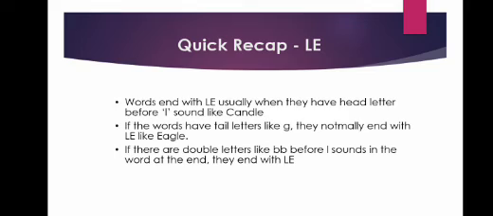For example, the word eagle, G is a tail letter and LE is added at the end. And the other rule is when the words have double letters before the L sound, like BB in the word bubble, like FF in the word daffle, and so on.